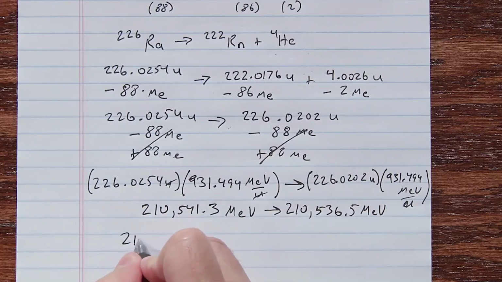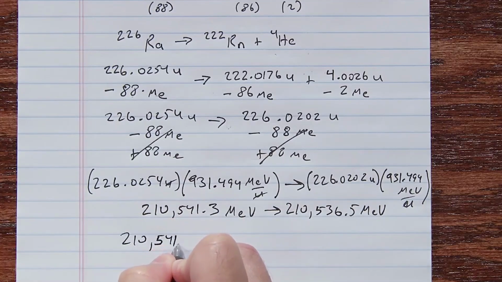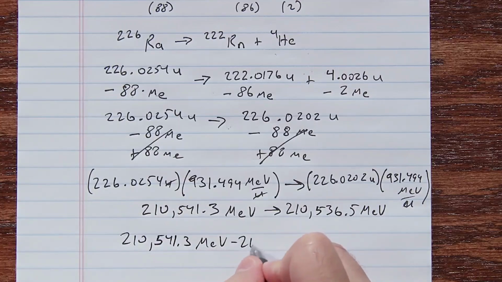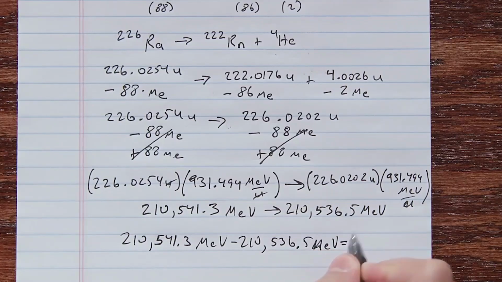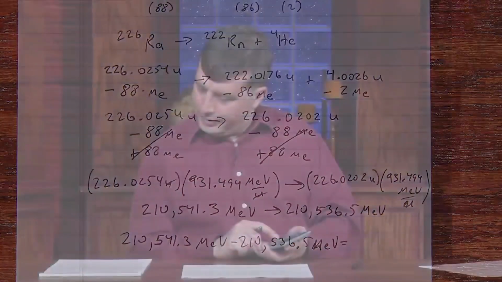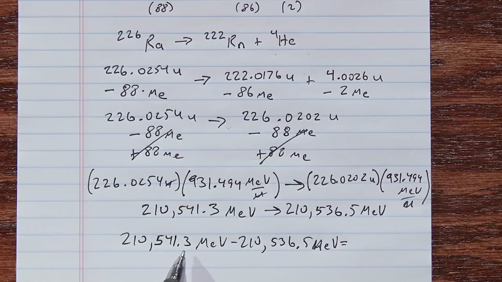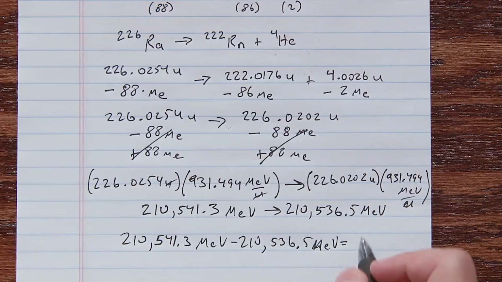So the difference is 210,541.3 MeV minus 210,536.5 MeV, and that difference is 4.8 MeV.